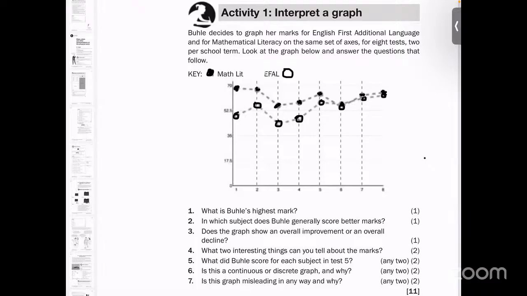Okay, then the other question that you may be asked is something like, is this a continuous or a discrete graph and why? I'm pretty sure that, based on all the other lessons that we did previously, it was clearly indicated what a discrete graph is and what a continuous graph is.